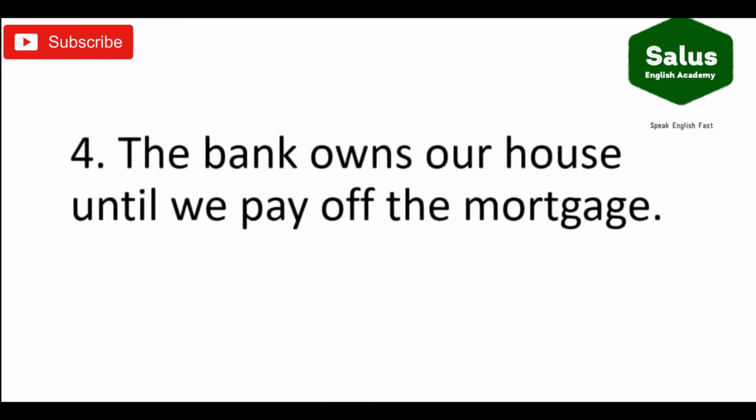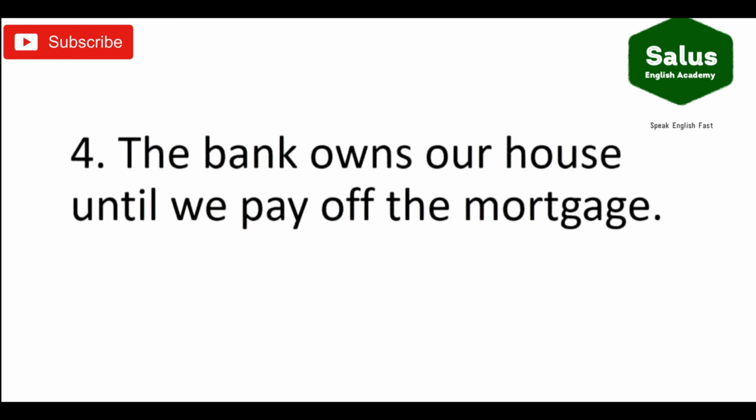Number 4. The bank owns our house until we pay off the mortgage. Can you repeat it here? The bank owns our house until we pay off the mortgage. And notice, we didn't say our house slowly, we said our house as one quick sound. And we're going to say pay off. Pay off means to pay completely, to pay the whole amount.